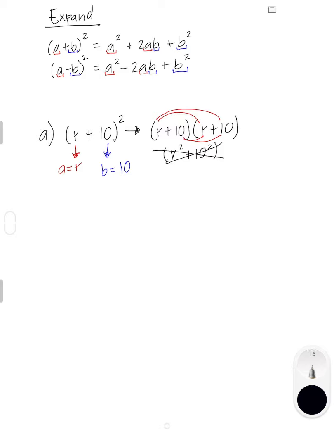So our expansion will look like a squared, so r squared, plus 2 times a, which is r, times b, which is 10, and then plus b squared, which is 10 squared. So this becomes r squared plus, here we can multiply the 2 and the 10, so plus 20r plus 100.